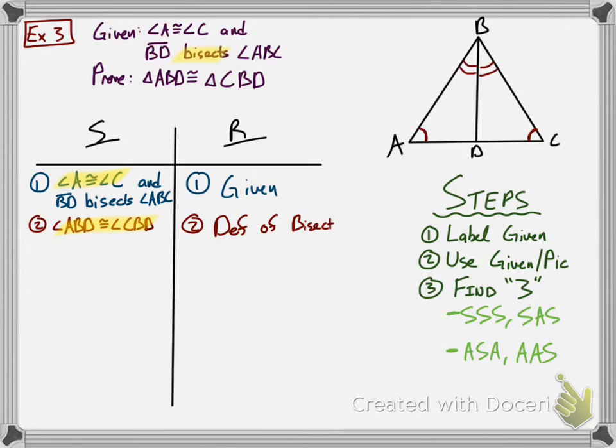So right now we have two pairs of angles, so we have two pieces out of the three that we're looking for. There are no more terms, so we look at our picture and we see that we have these two triangles that are, I call these stacked, where they share a side. So we're going to say that side BD is congruent to BD, and that's using the same reason from our first proof today, reflexive.